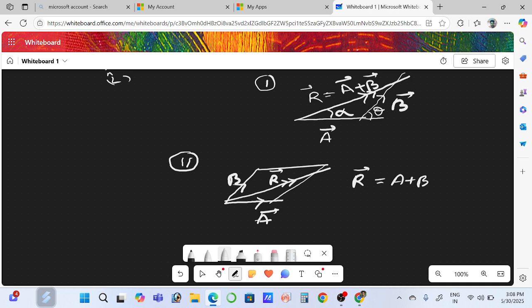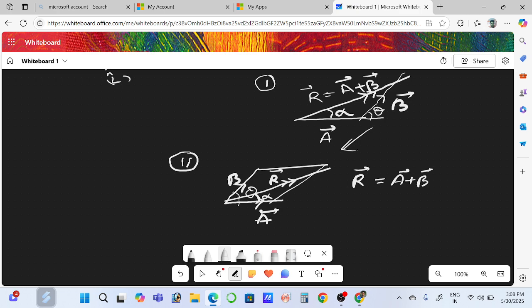That is the addition of two vectors. Okay, and this is the angle at which the resultant will act, and this is the angle between A and B.